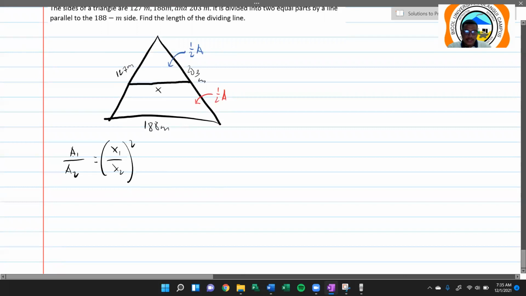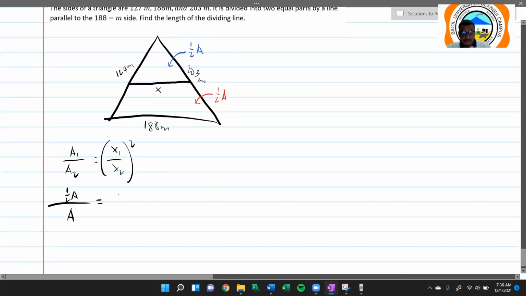So suppose we take triangle 1 as the smaller triangle, and triangle 2 as the bigger triangle. The area of the smaller triangle, A1, is equal to 1/2 of A, and the area of the bigger triangle, A2, is equal to A. The sides we are pertaining to are x and 188.